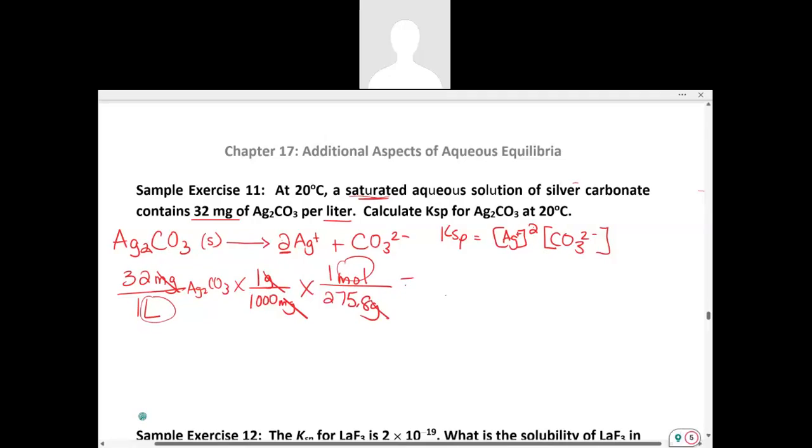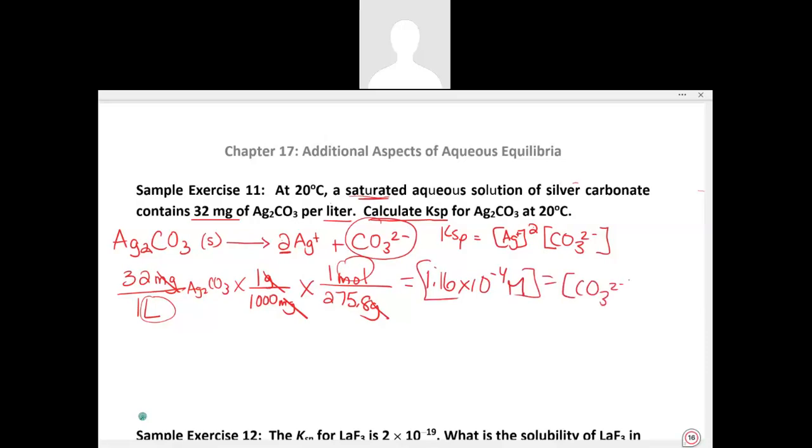So that's what we were asked to do in this step here, solve for Ksp. First, we need to solve for the molar concentration. So now we get this value, 1.16 times 10 to the -4 molar. That's going to be for every 1 mole, so this will be the concentration for our carbonate.